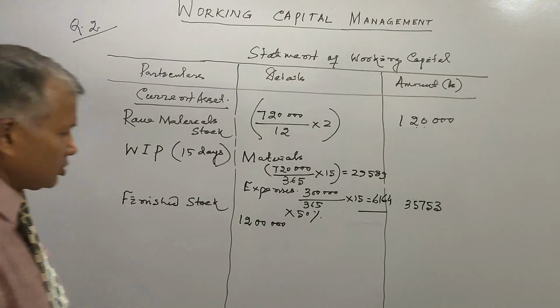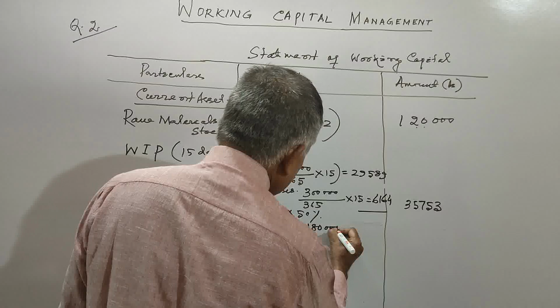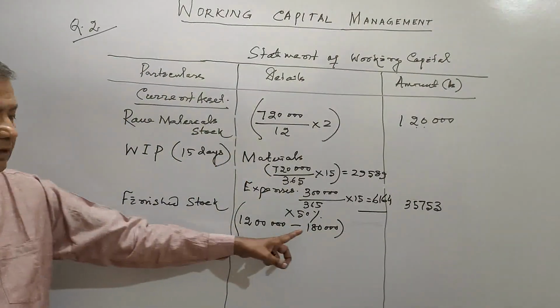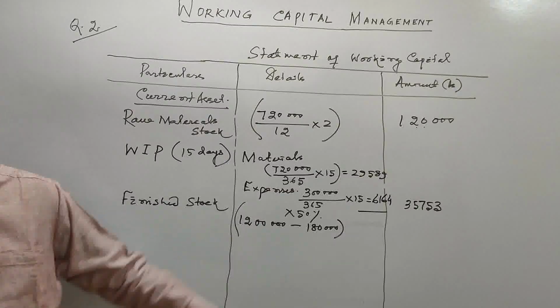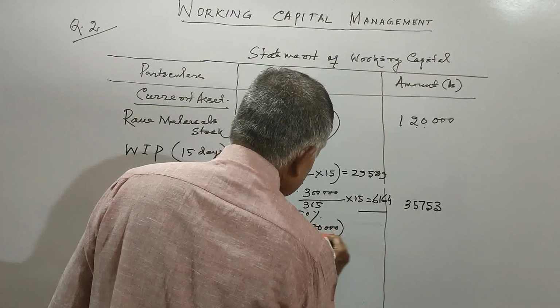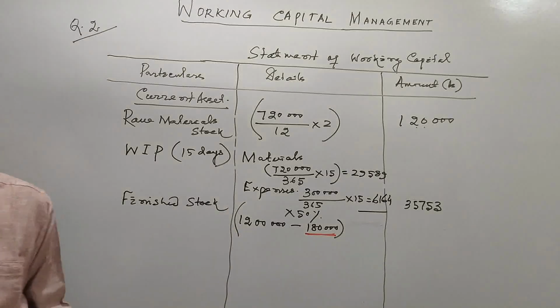So we will exclude the depreciation. After deducting depreciation, it comes to 12 lakh minus 1 lakh 80,000, because depreciation is a non-cash expenditure. Therefore, this particular amount has to be deducted from the cost of production.